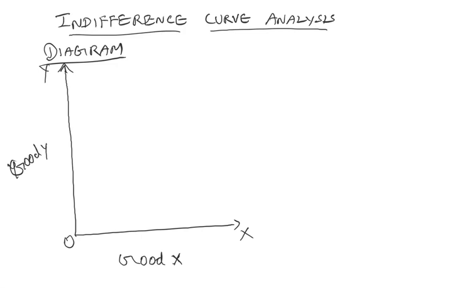So initially, combination one was 15 comic books and one Barbie doll.